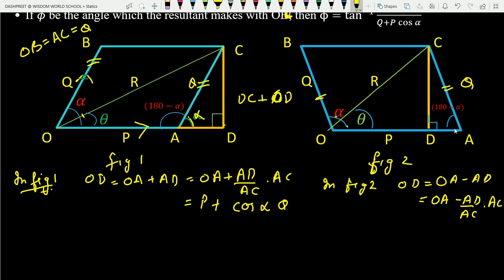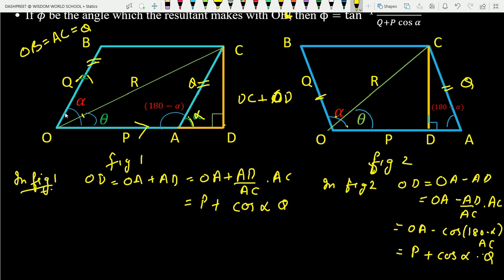So you can write it as OA minus cos of 180 minus alpha into AC. The value of OA is P, and cos of 180 minus alpha is minus cos alpha, so this becomes P plus Q cos alpha, with AC being Q. So in both the cases, the value of OD comes out to be P plus Q cos alpha.